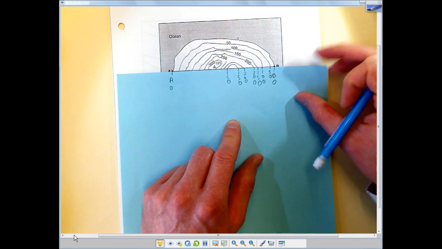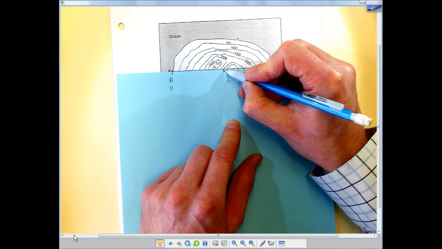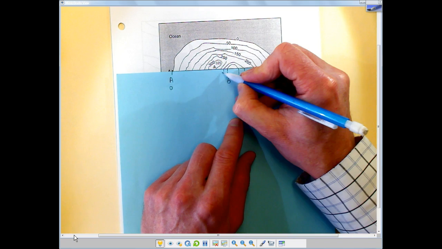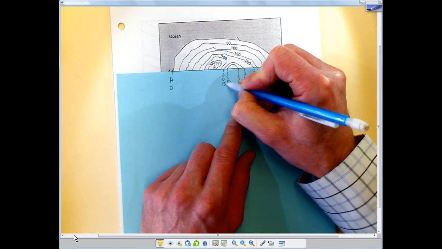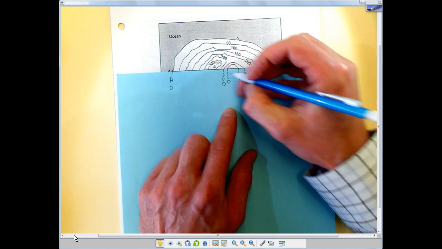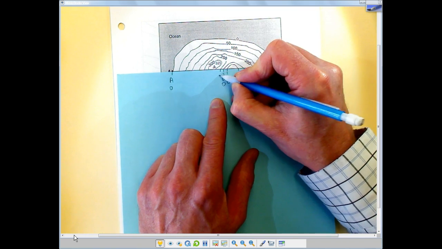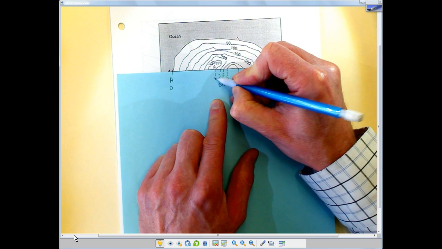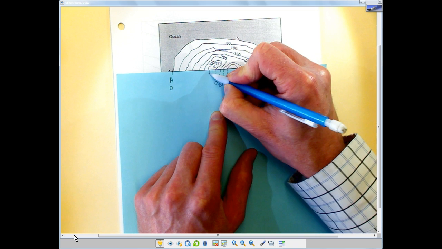And over here, see this line? Trace that back, and I can see that's also 200. 200. And now I see this is 250. This is 300. This is 300.